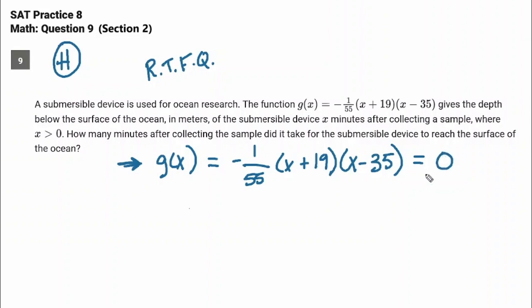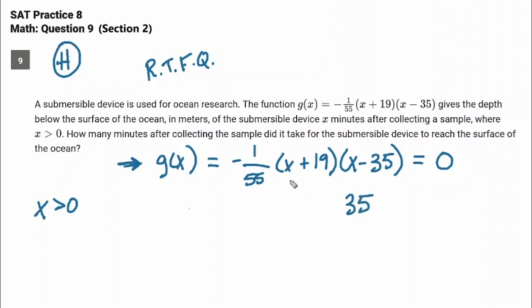All right, the only thing you can manipulate here are the x's. This negative 1 over 55 is not going to change. The 19, the 35, nothing's going to change. Also, and this is important, x has to be bigger than 0. So how can you get this thing to be 0? The only way to do it is to make this 35.